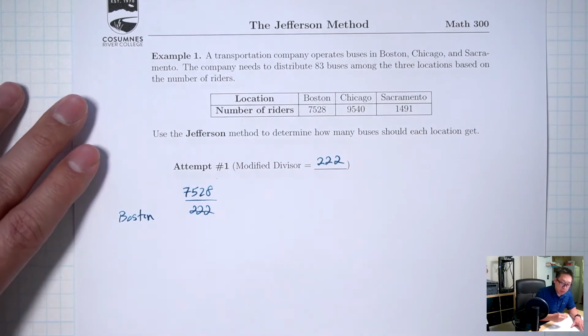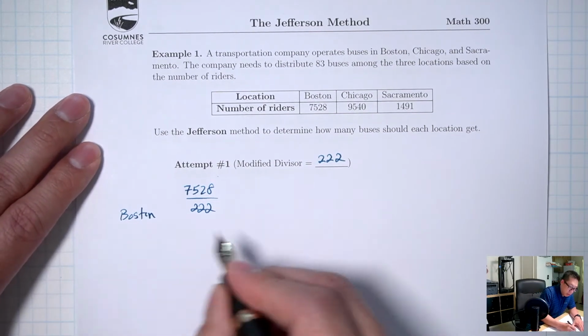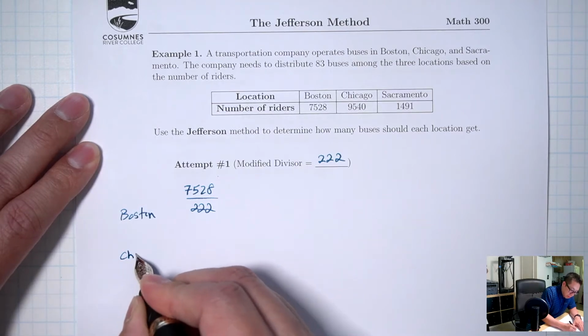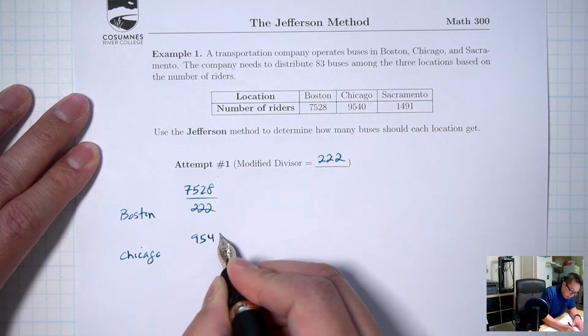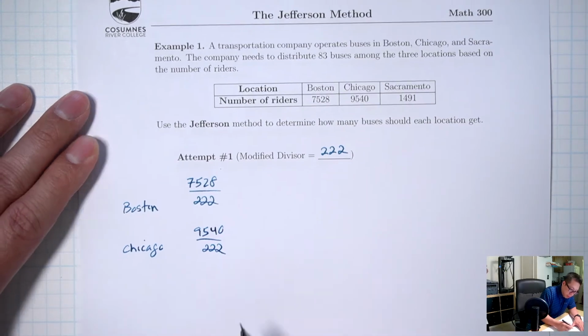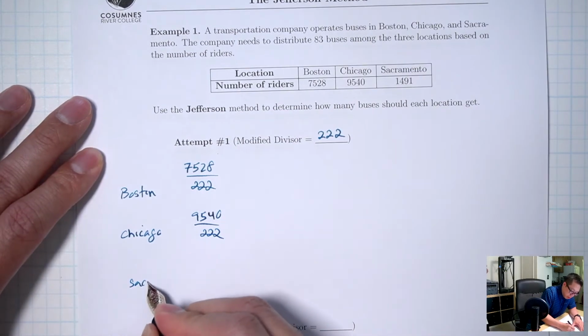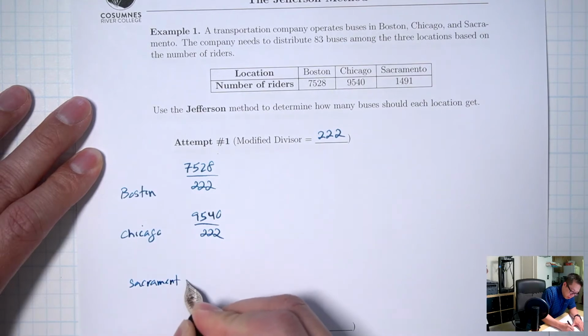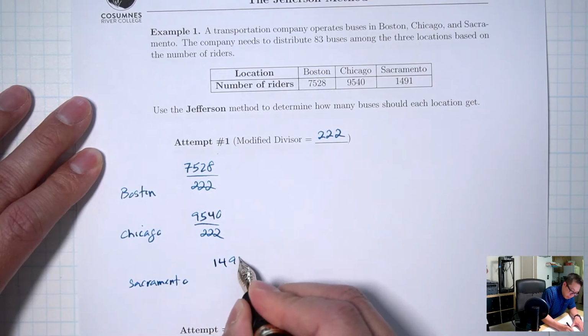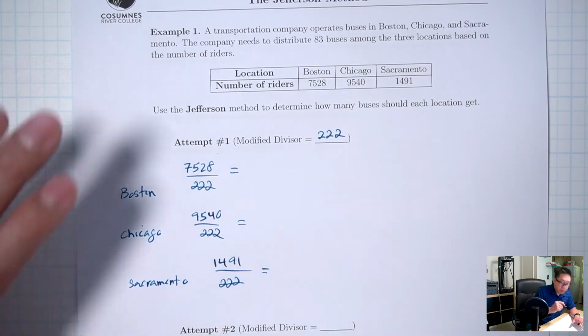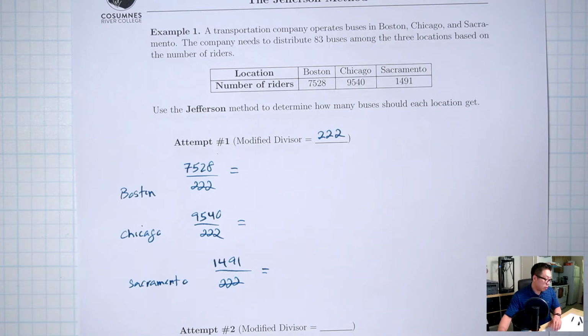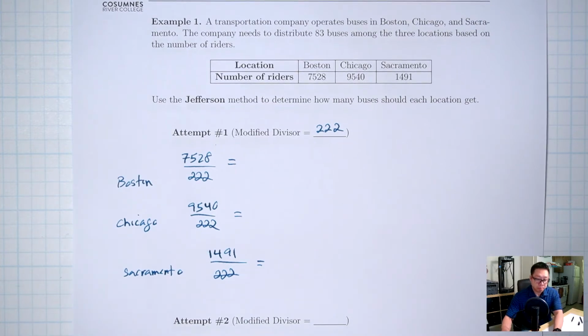Let me set that up, and then we'll use a calculator at the end. Chicago. Right, so divide each of the number of riders by 222, and round to 3 decimal places.